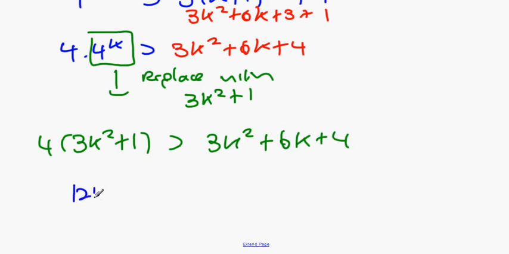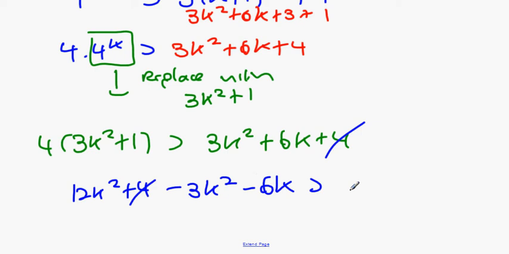We get 12k squared plus 4 greater than or equal to that, and we'll move the other numbers all over to one side. The 4s will cancel. Then we get minus 3k squared minus 6k greater than 0. And then what we get is 9k squared minus 6k greater than 0.